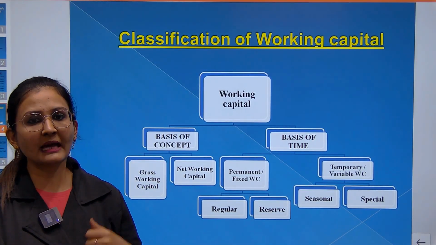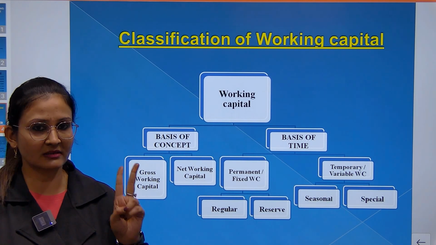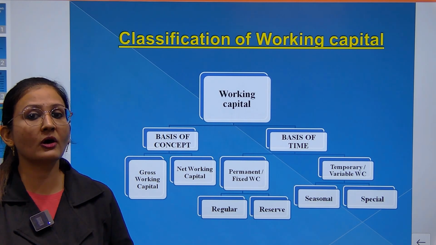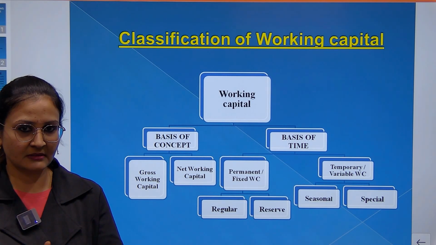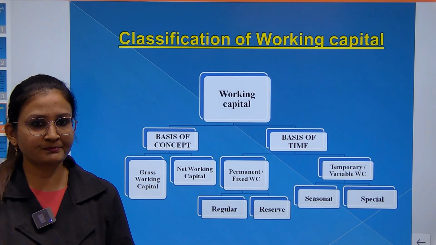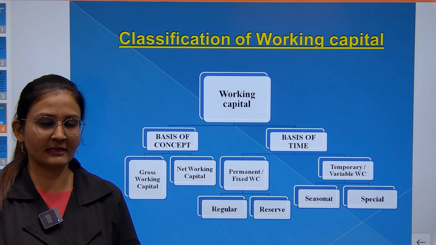Now working capital can be classified into two categories. The first one is based on concept and the second one is based on time. Under basis of concept, it can be classified into gross working capital and net working capital.